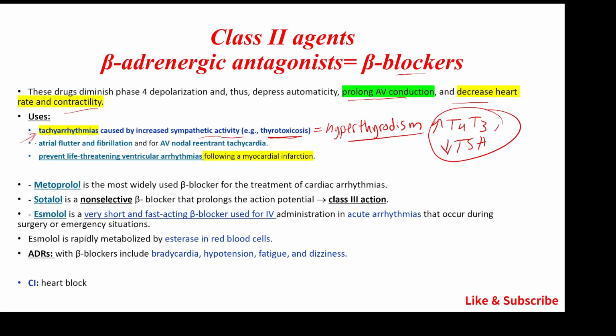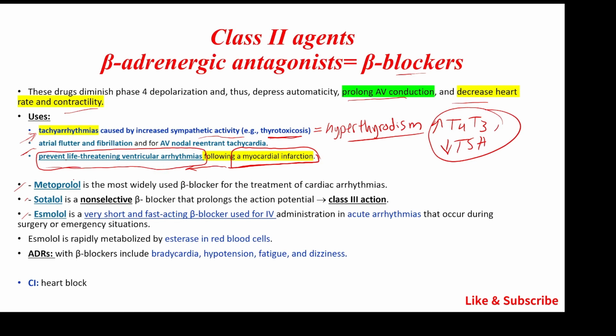So if the patient suffers from hyperthyroidism, this will be associated with the tachyarrhythmia. We can use beta blockers such as propranolol, atenolol. You can see here we have some medications: metoprolol, sotalol, esmolol. We can use them for atrial flutter and atrial fibrillation. We can use them to prevent life-threatening ventricular arrhythmia following myocardial infarction. So when the patient comes to the hospital emergency room suffering from myocardial infarction, and the patient is discharged from the hospital, we can place the patient on beta blocker to maybe prevent life-threatening ventricular arrhythmias.